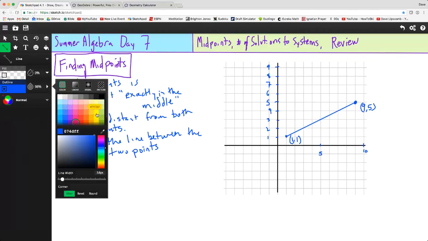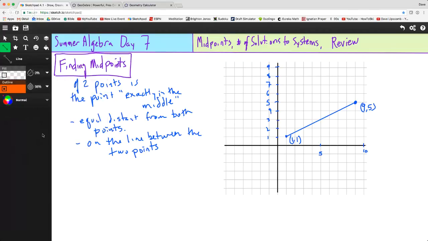Now, rather than proving to you the answer, I'm going to show you where the answer is. And that's going to be halfway. If we find the x distance from here to here, and we go halfway, and if we take the y distance here, and we go halfway, and then we find the point on that line, right here and here.